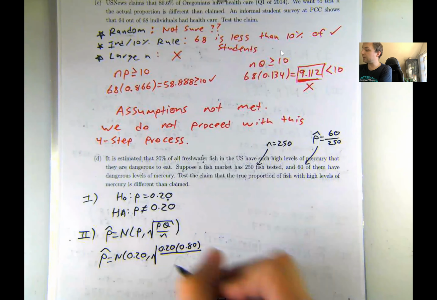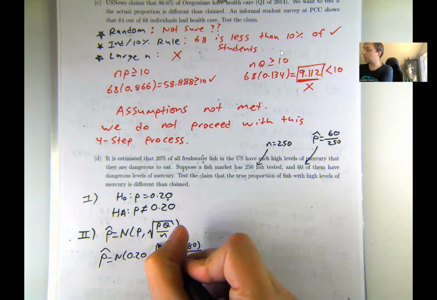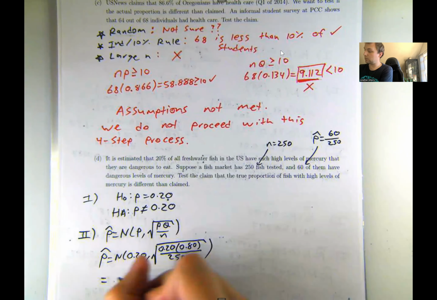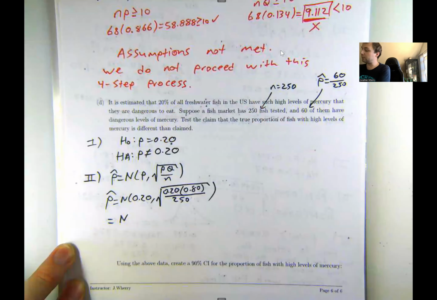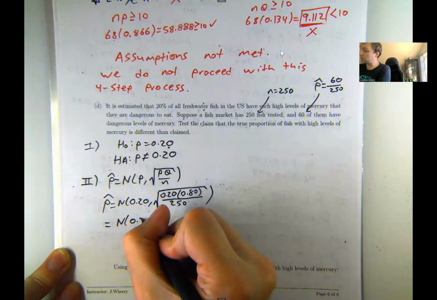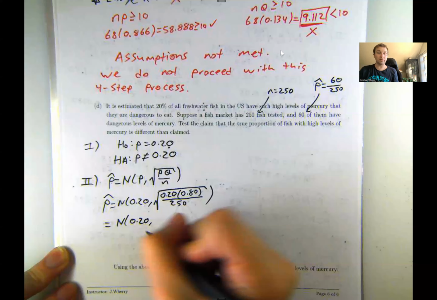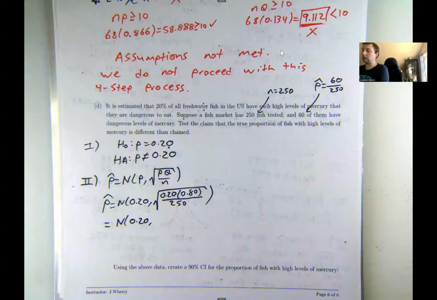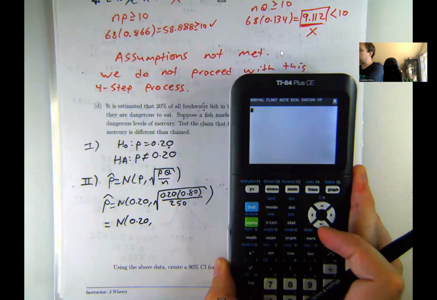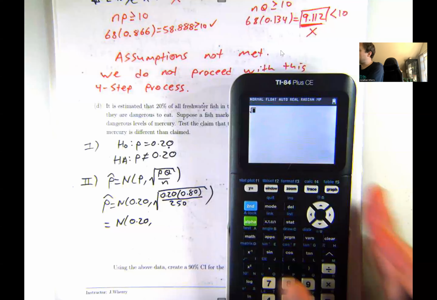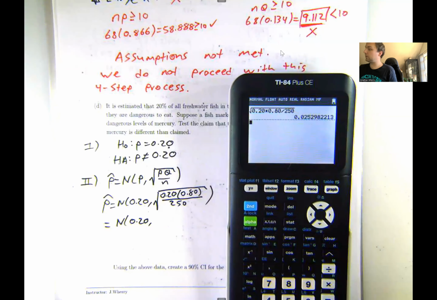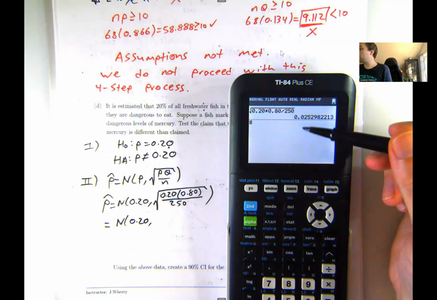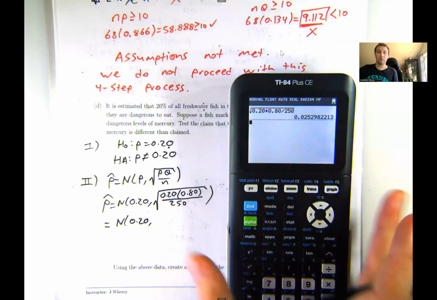And the number of samples here is 250. So this gives me a center for an average of 20% for this model. And for that standard deviation, I have the square root of 20 times 80% over 250, 0.025 or so.